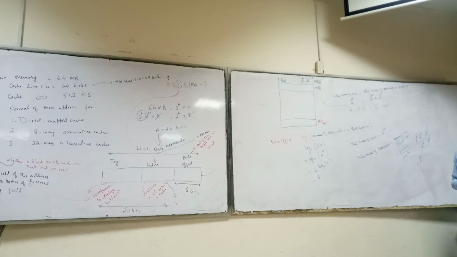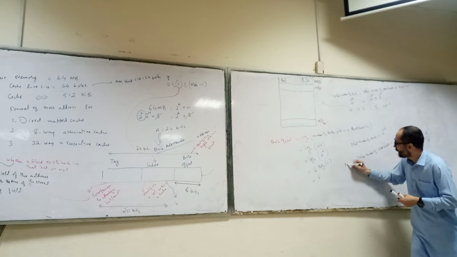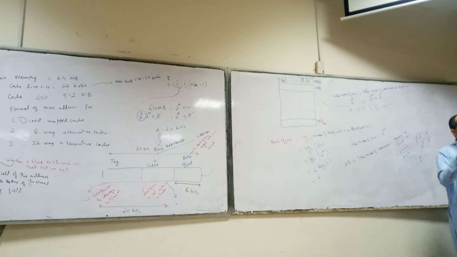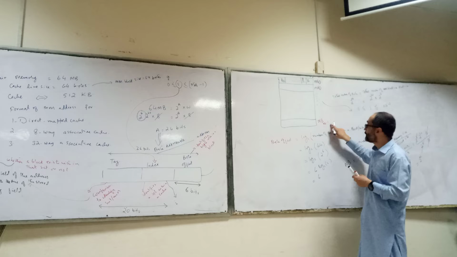What is NB? NB is 2 to the power 20. NB stands for the total number of blocks in the memory.